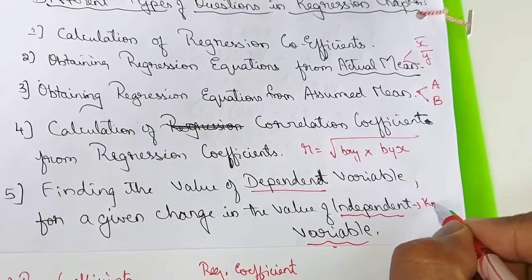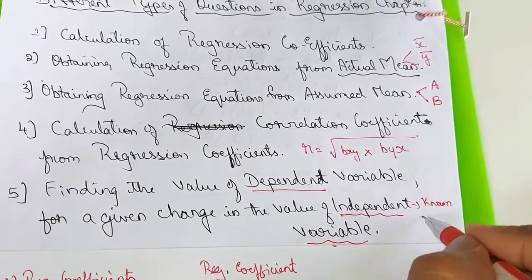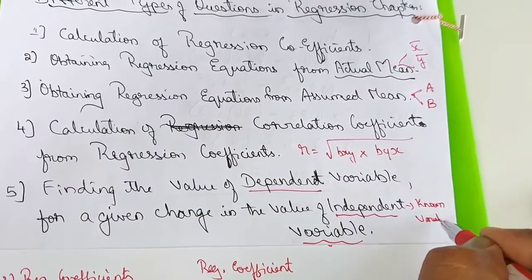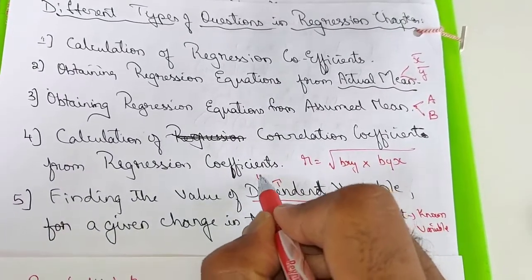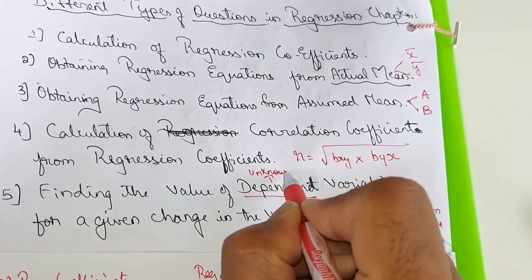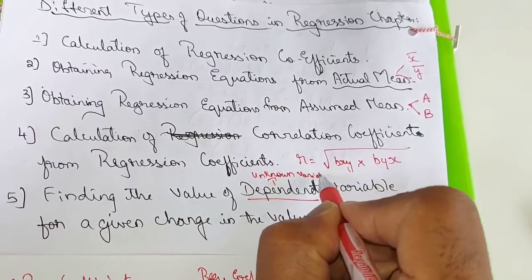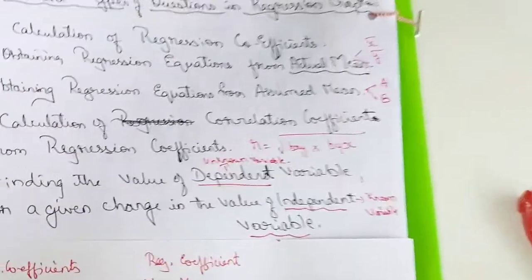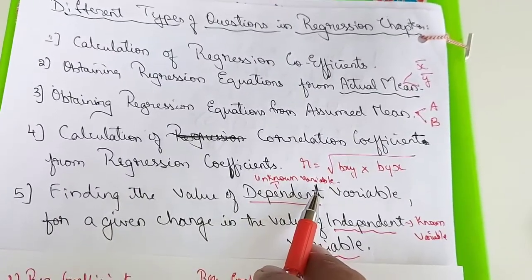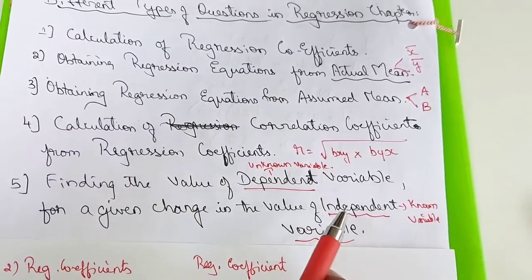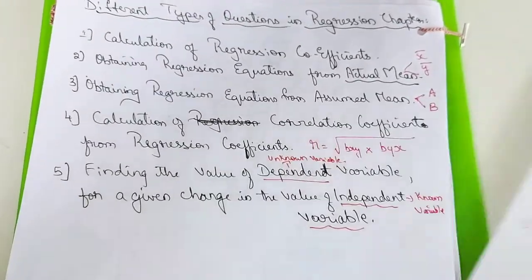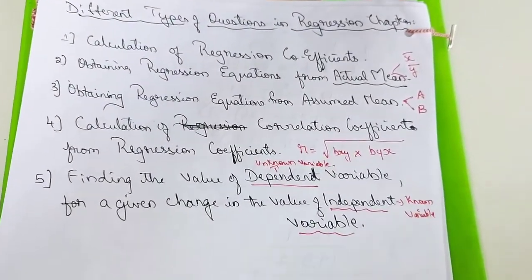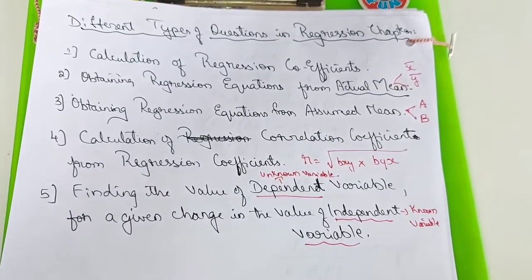The independent variable is the known variable, whereas the dependent variable is the unknown variable. So we can find out the unknown value from the known value of an independent variable. So these are the different concepts which we have covered under the chapter regression analysis.